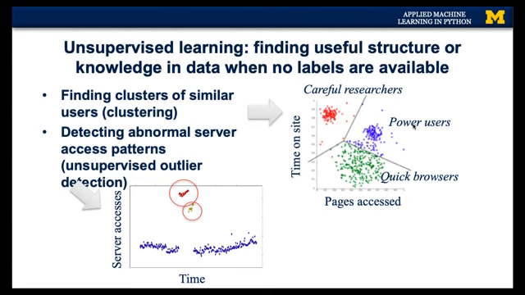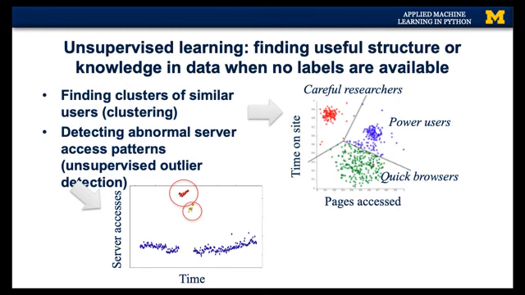For example, finding clusters of similar users. Like for example, we have e-commerce data and we want to understand user interaction on the website. So some users may be quick browsers, like they just quickly check some data and look for some items or some cheap items or some deals.